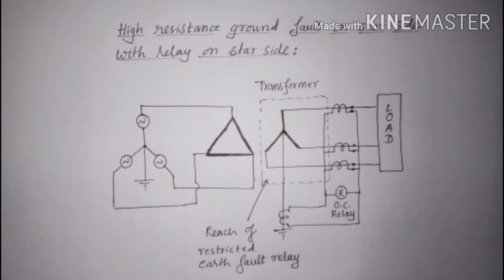Now let us study the protection of a transformer against high resistance ground fault. The transformer being delta star connected and the neutral of star connected winding being grounded. Here you can see the restricted earth fault relay is on the star side.